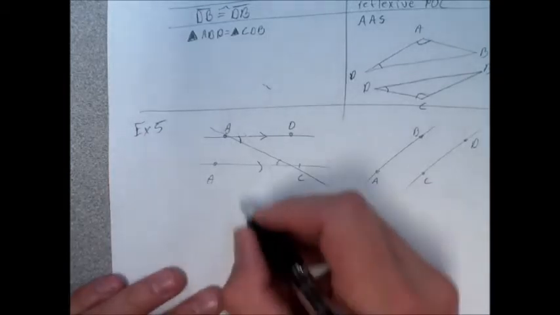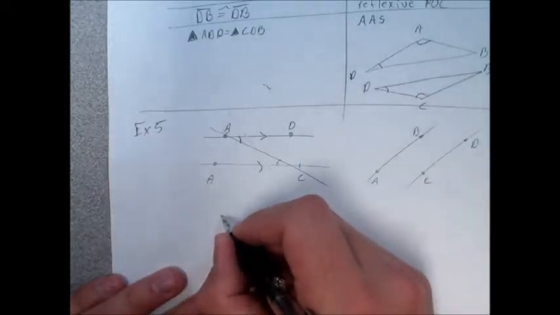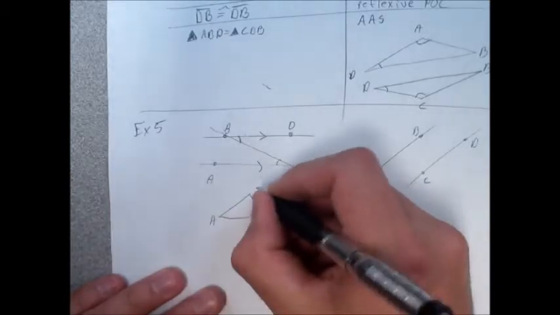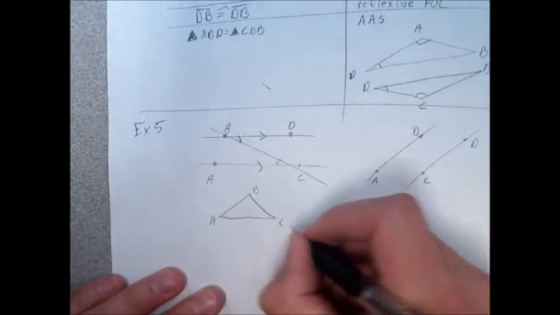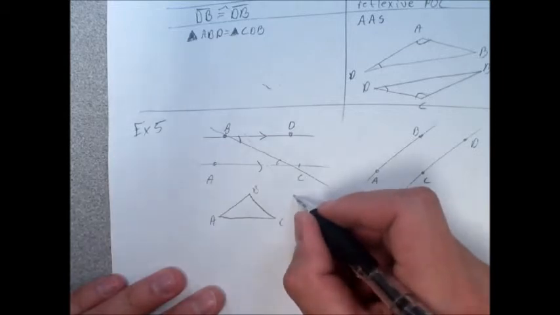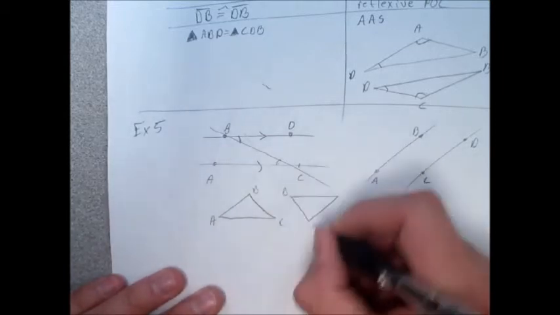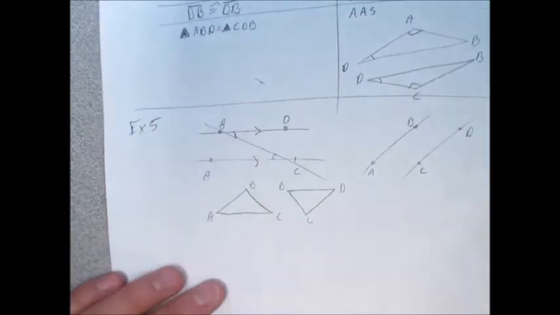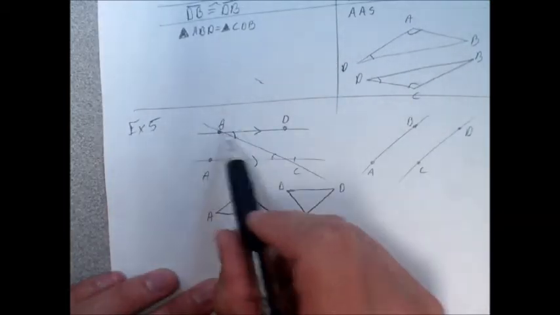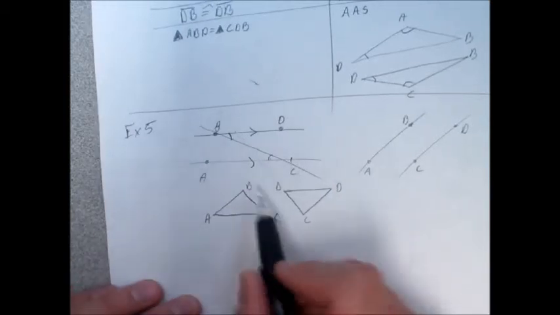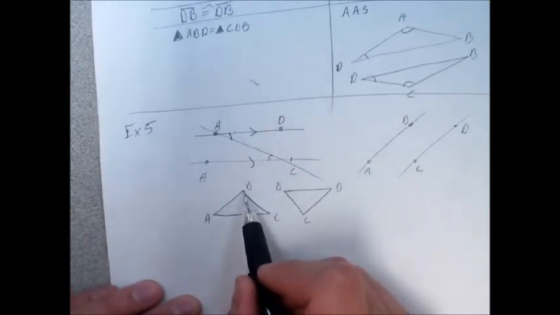So I want to draw the picture of the triangle that they gave us. It was A, B, C, and then they had a triangle right here named B, C, D. So looking here, I have D, B, C. Remember that B is here and C goes here.